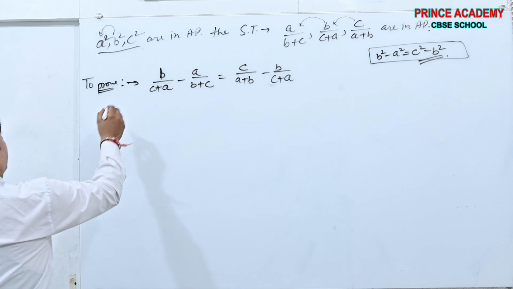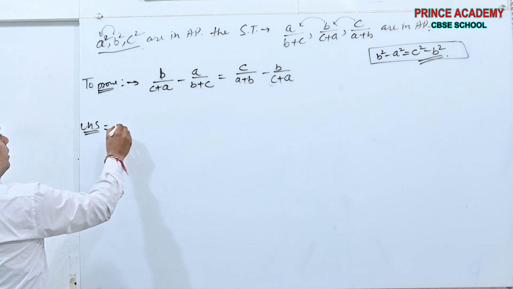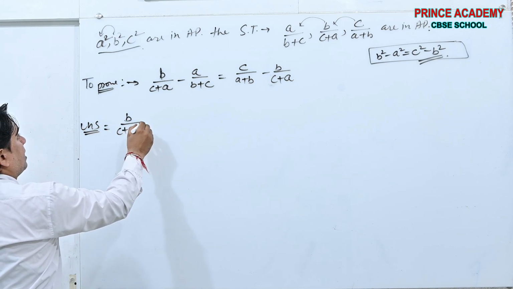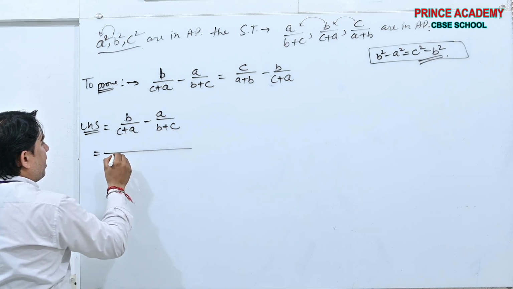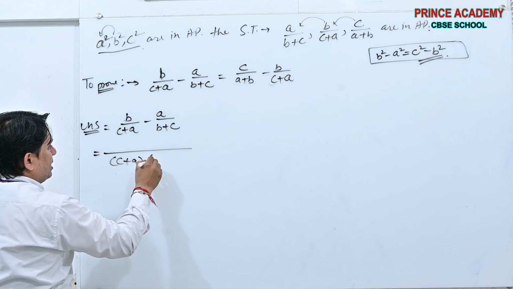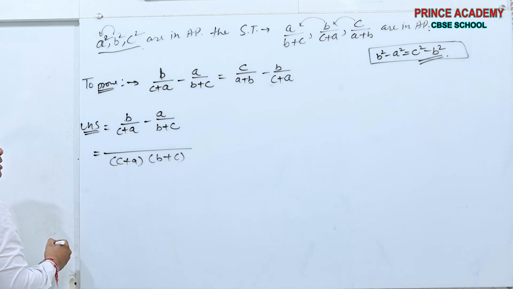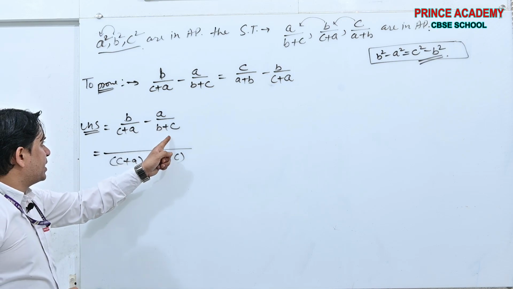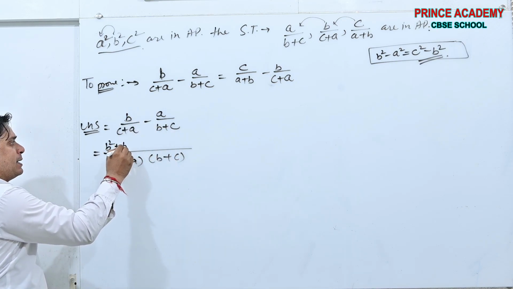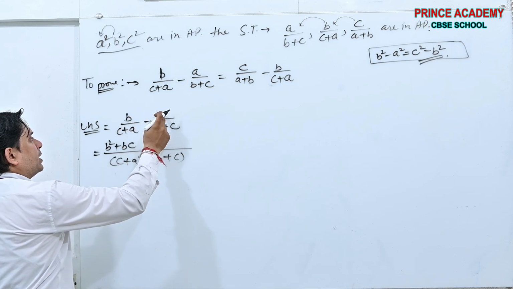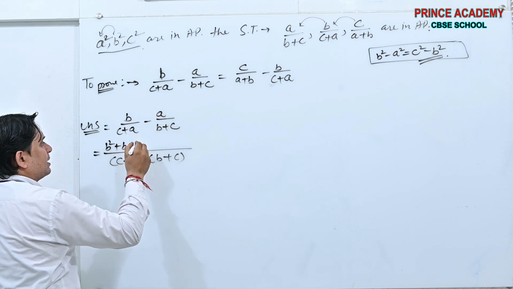See beta, here left hand side, b by c plus a minus a by b plus c. See everybody, very very important question. Take the LCM, this into this, b square plus bc, this into this, minus a square minus ac.